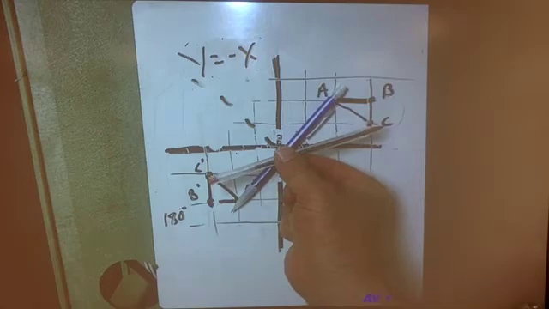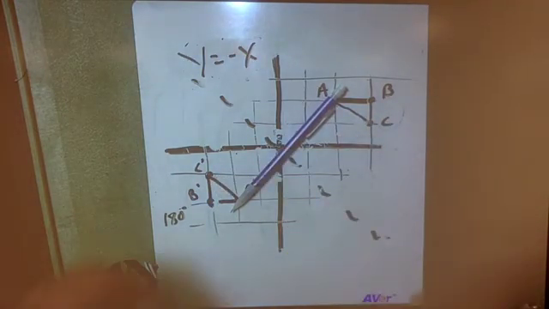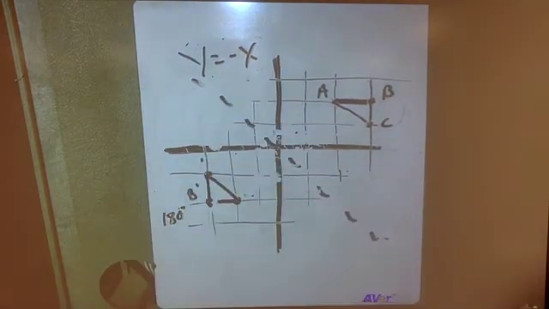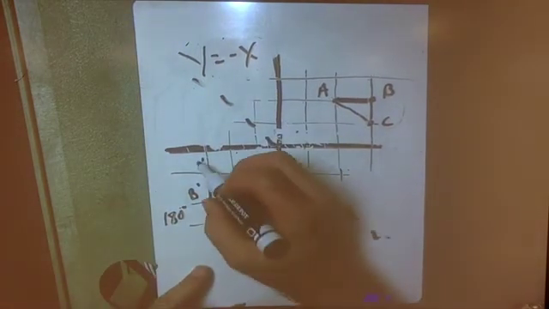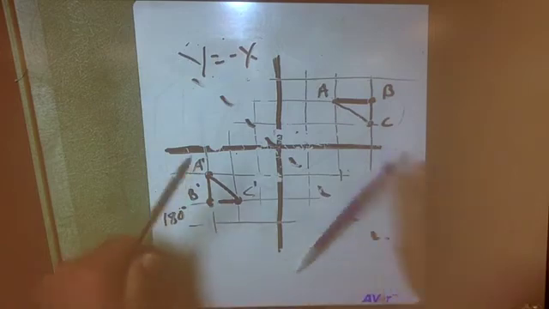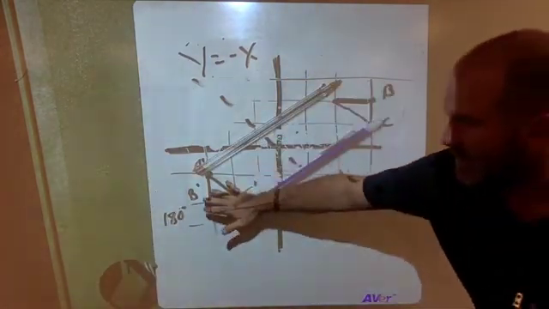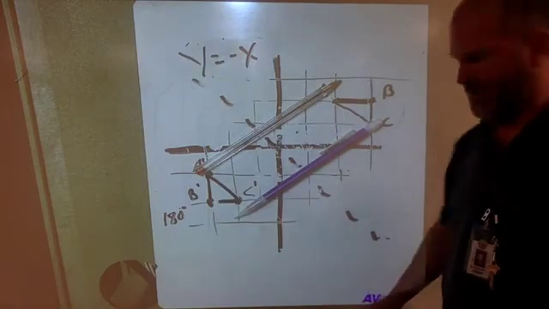That's spinning your hand 6 hours. If they don't cross, if this is C prime and this is A prime, then it's a reflection. Now you just flipped it straight across there.